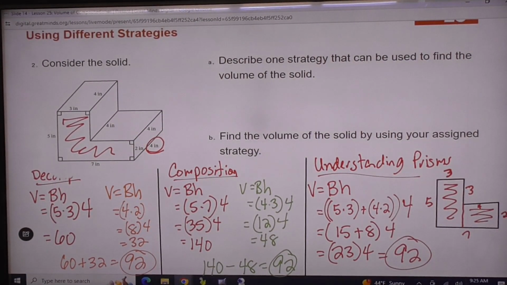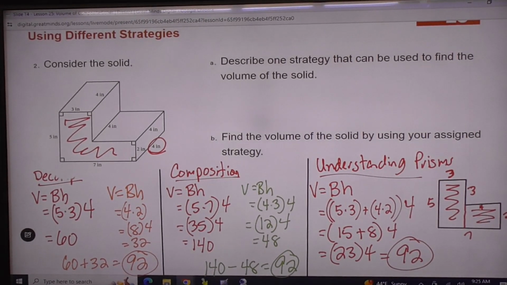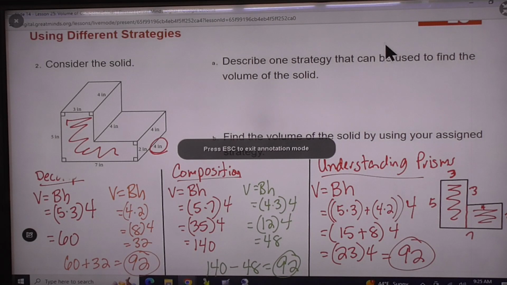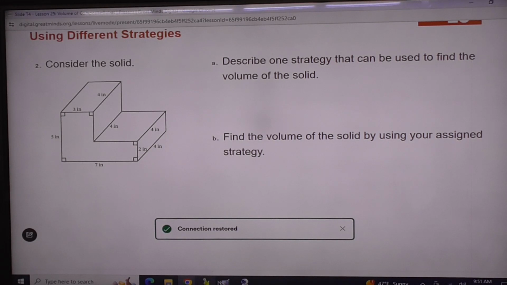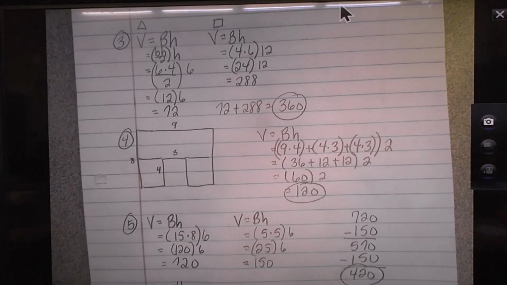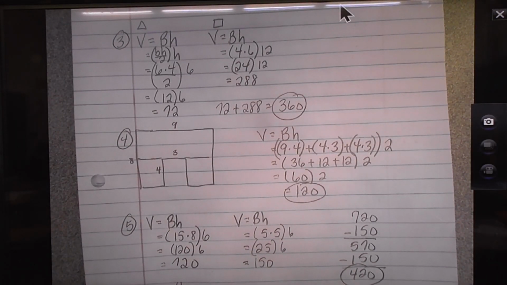All right, so we could have had a bunch of different ways, as you can see right here, to solve these problems for 3, 4, 5, and 6. For me, it all depended on what the picture looked like. So I actually used all 3 strategies. So for number 3, I'm going to bring the picture up so we can talk about it.